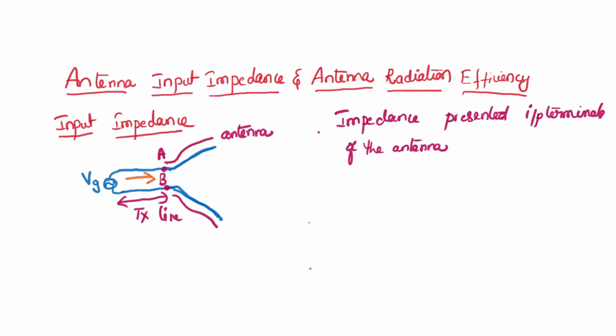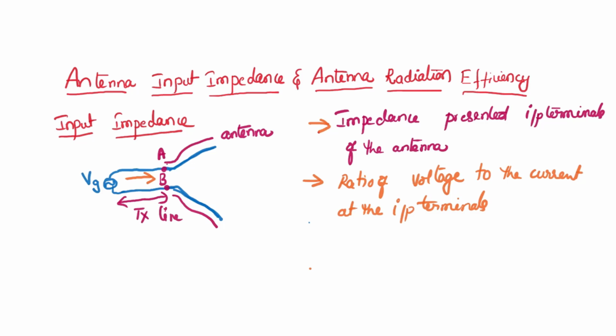So the input impedance is defined as the impedance presented at the input terminals of the antenna, or you can say the input impedance is the ratio of voltage to the current at the pair of terminals, means at the input terminals.